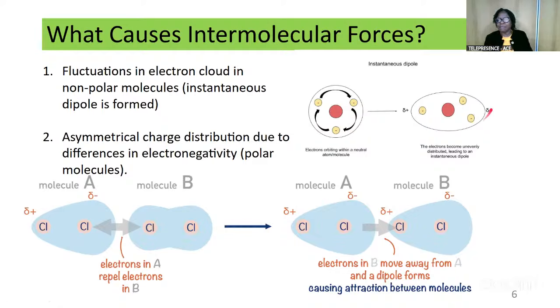If you look at the example that I have here, I've shown you molecule A and molecule B. Molecule A, we are taking as neutral in this sense. We are using examples of a neutral molecule like Cl2, chlorine.